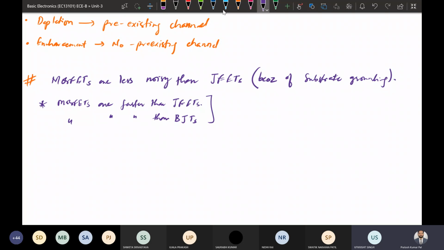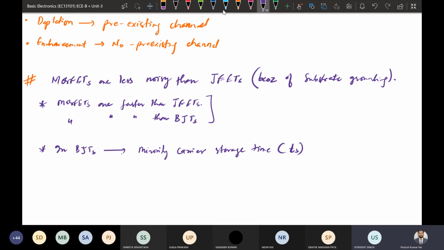In BJTs basically, there is a minority carrier storage time. Because of the minority carriers, there is a minority carrier storage time, suppose represented by ts.